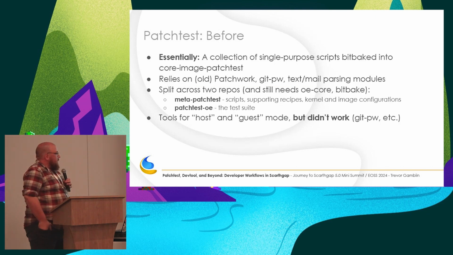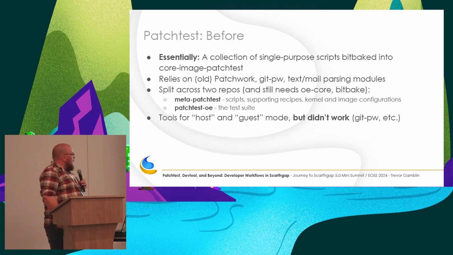So before, Patchtest was essentially a collection of single-purpose scripts that were built into a QEMU image called core-image-patchtest, and then that would pull down the latest patches, test them, and then report that to the mailing list and the submitters.